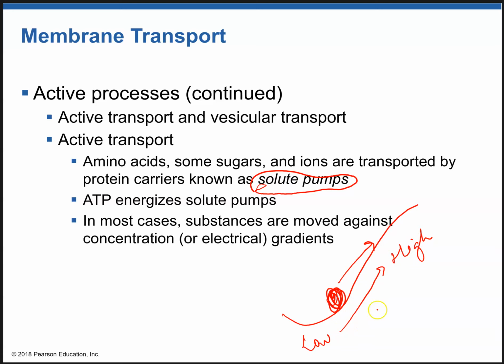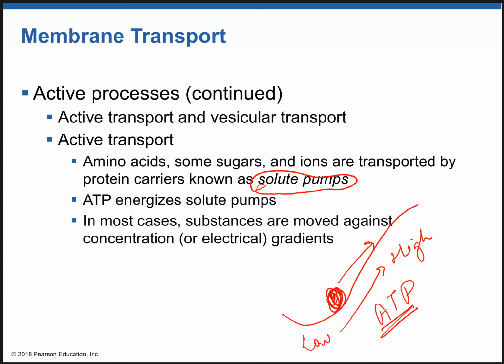So this requires a lot of energy. This is an energy consuming process and requires a lot of ATP. So in most cases, substances are moved against their concentration gradient. It's like packing an already stuffed suitcase and then you have to sit on the suitcase to close it. Again, an energy consuming process.